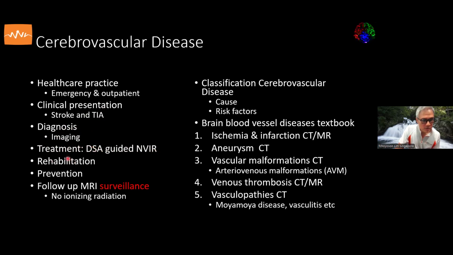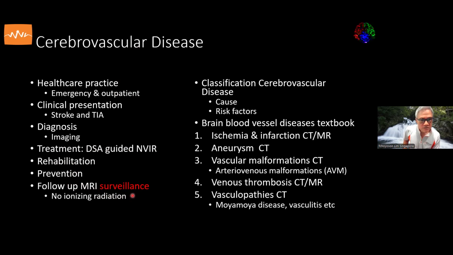Later on, during rehabilitation and secondary prevention, as well as follow-up, MRI is very often used for surveillance in cerebrovascular diseases, primarily because it does not involve ionizing radiation and is particularly helpful for children.